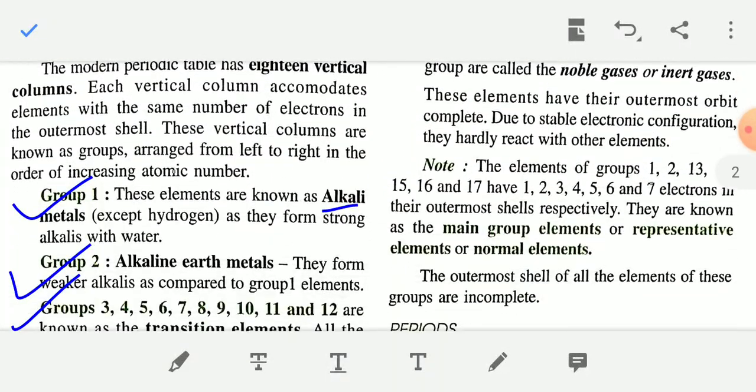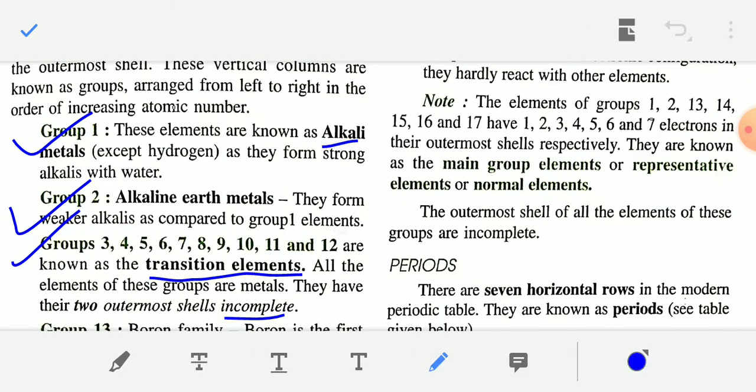Now note that the elements of groups 1, 2, 13, 14, 15, 16, 17 have 1, 2, 3, 4, 5, 6, and 7 electrons in their outermost shell respectively.